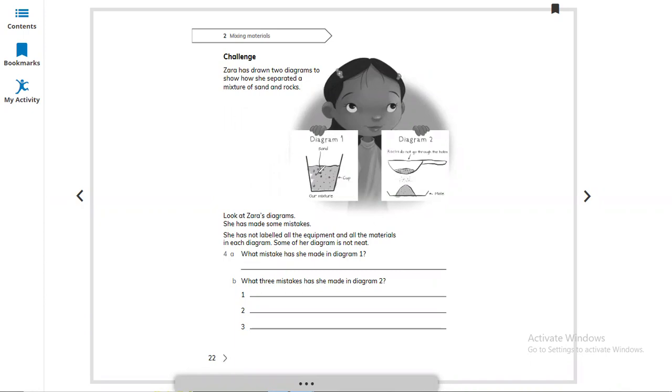So what about the first diagram? Yes, cup, mixture, sand, but she did not mention the rocks. So we can write here rocks.